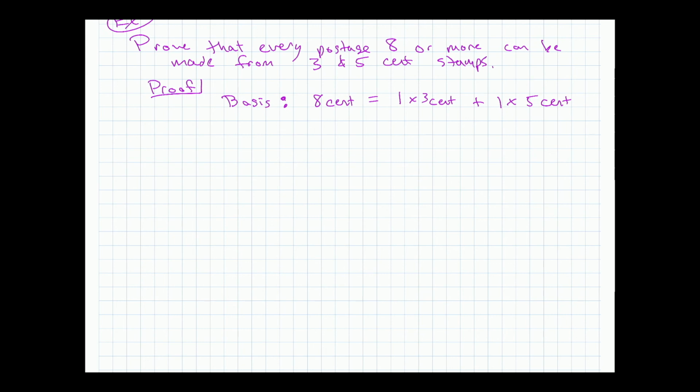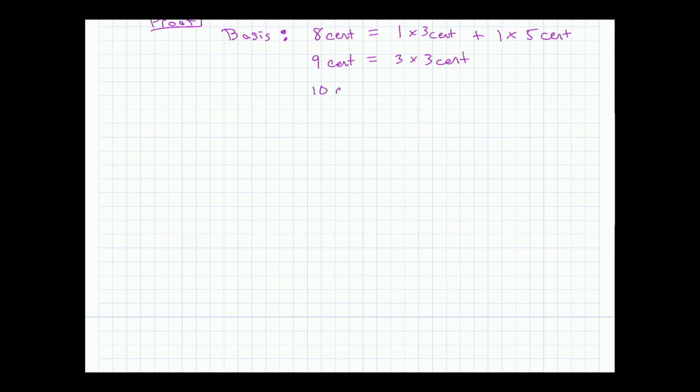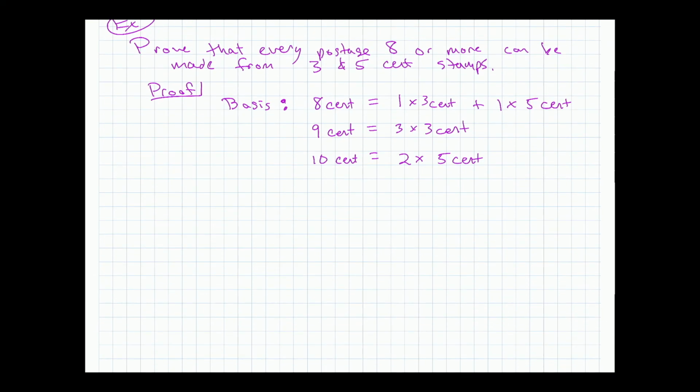Okay, you don't have to write it that way. I'm just kind of writing it out this way instead of 1 times 3 plus 1 times 5. And we do the 9. 9 cents is 3 times 3-cent stamps. 10 is going to be 2 times the 5-cent stamp. Okay, right? And we know that that's all we have to do because the small stamp is 3, right? So 3 because small stamp size.